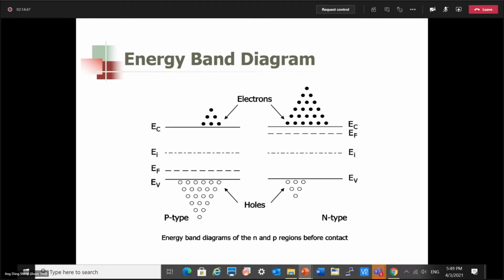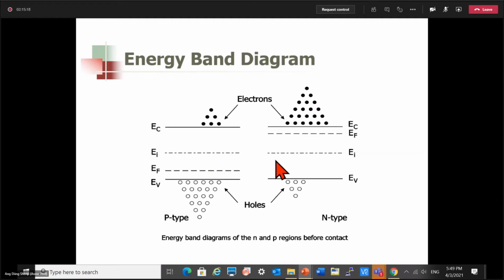So how do we draw the band diagram for a PN junction? Now, one very important consideration that you must know here is that at thermal equilibrium, the Fermi level must form a single horizontal line across the PN junction. To begin with, obviously the Fermi level in the P and the Fermi level in the N are not at the same level, right?